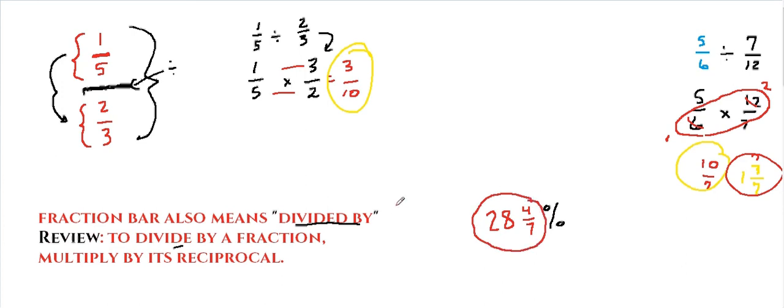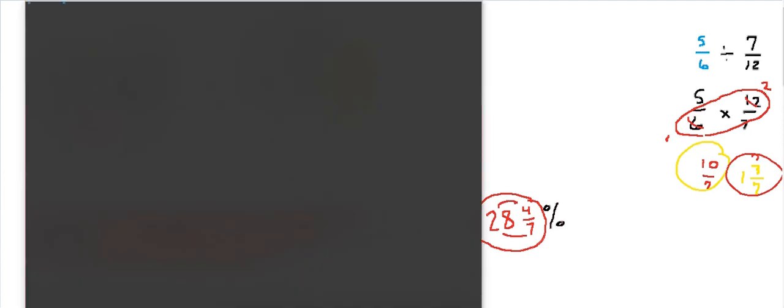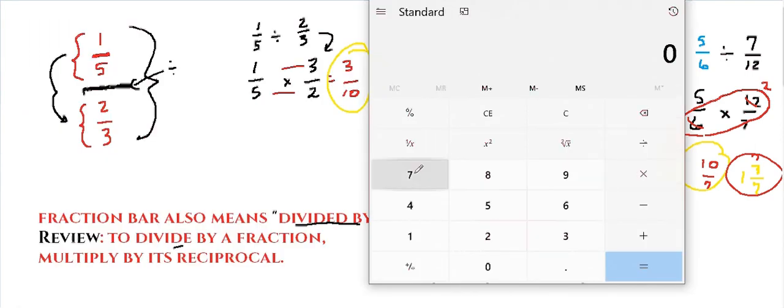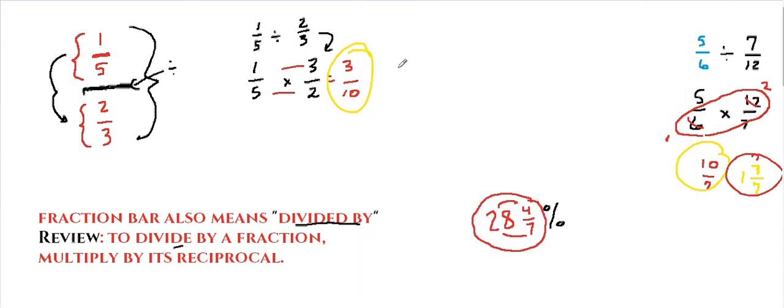We're going to want this as an improper fraction. We multiply 7 times 28 and add 4. 7 times 28 is 196, plus 4 is 200. So we've got 200 over 7, which is the same thing as 28 and 4/7.